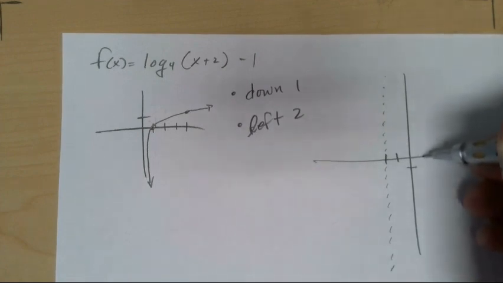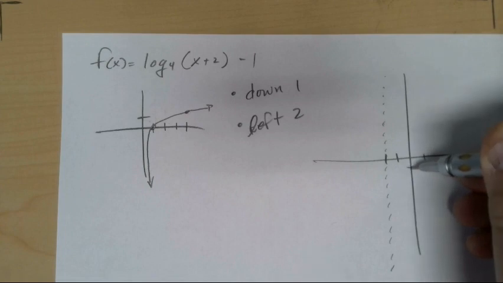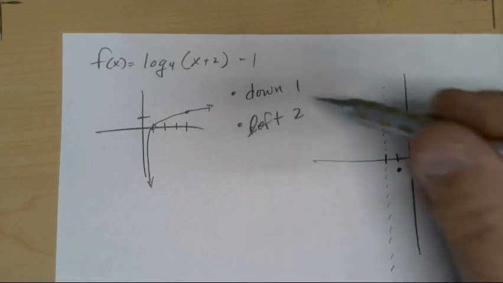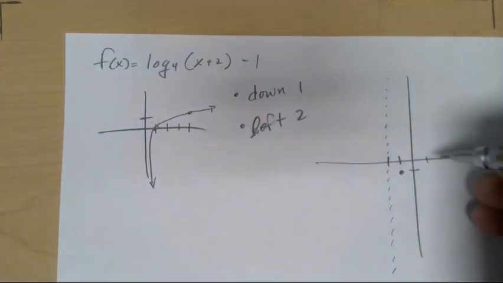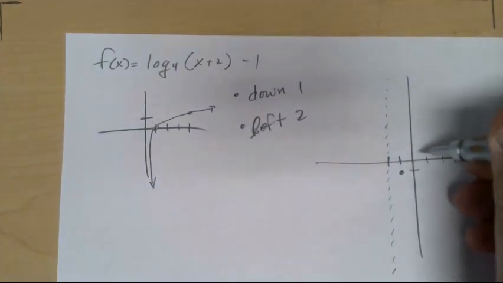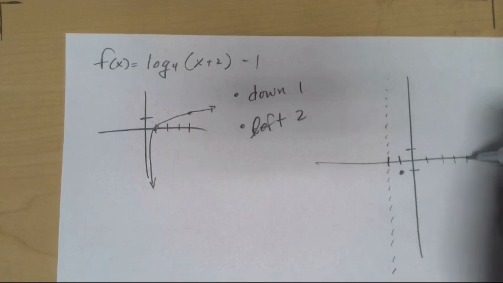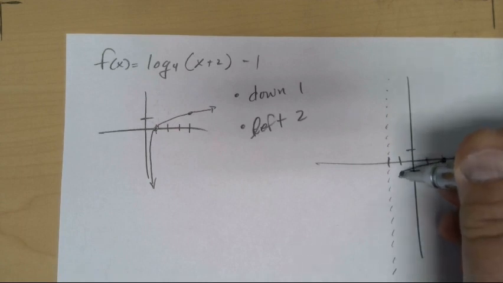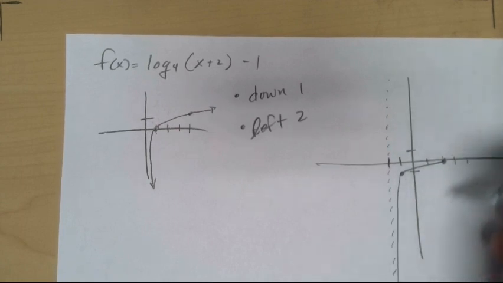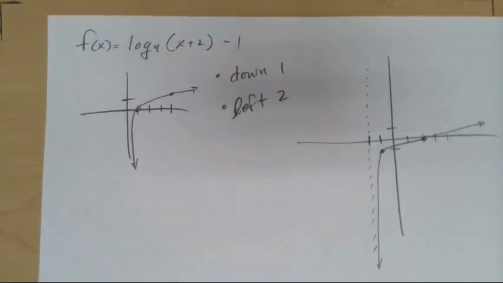And then I take every one of these points, down 1, left 2, and then I take this point here, 1, 2, 3, 4, and I go down 1 and left 1, 2. And there's my graph.